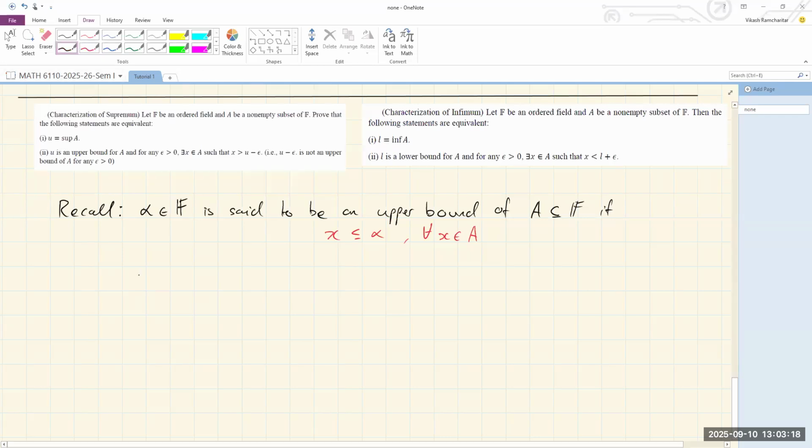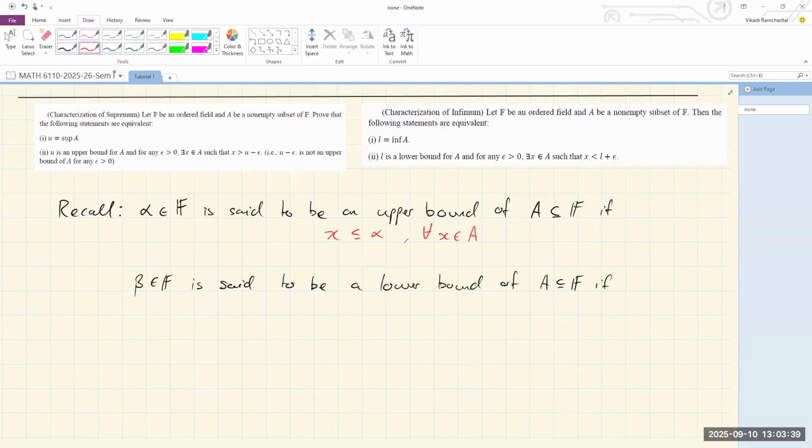And beta, which again belongs to the field, is said to be a lower bound of the set A if the condition for a lower bound is that every element in A is bigger than it.